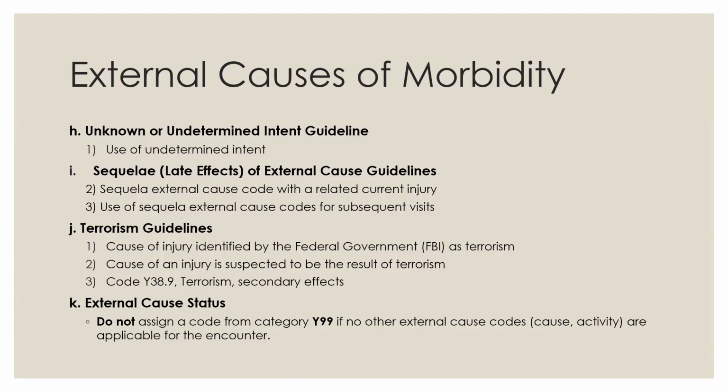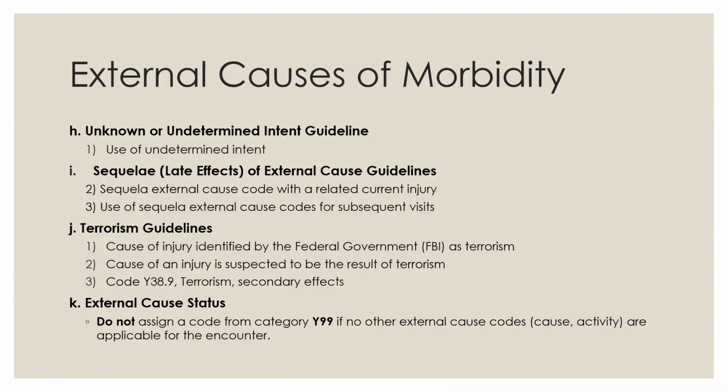Number two, when the cause of an injury is suspected to be the result of terrorism, a code from category Y38 should not be assigned. Suspected cases should be classified as assault. And number three, assign code Y38.9 for terrorism secondary effects for conditions occurring subsequent to the terrorist event.